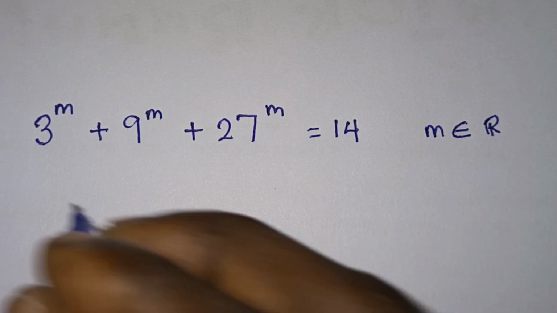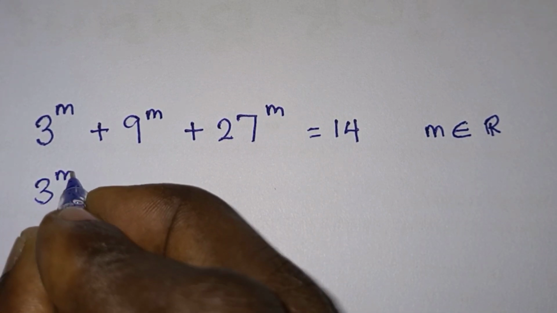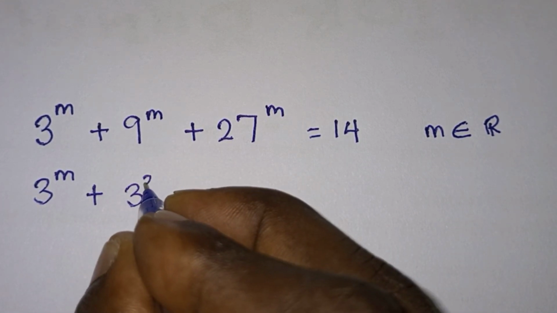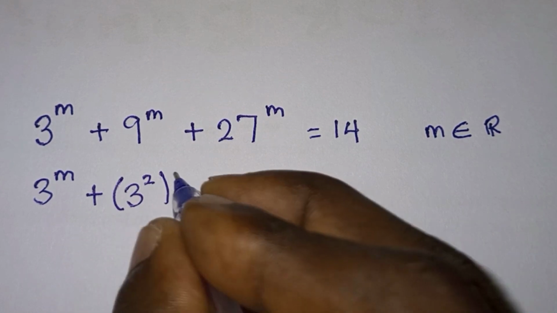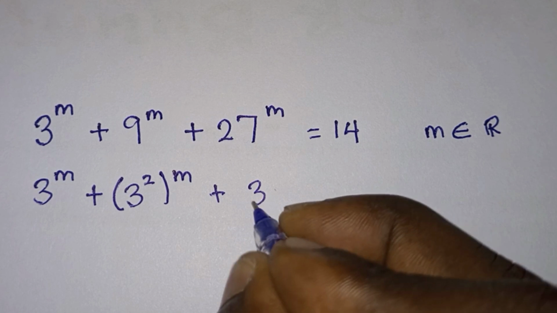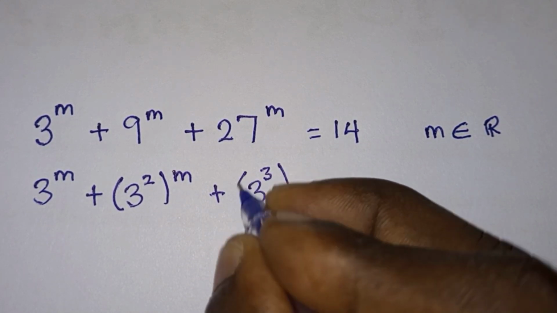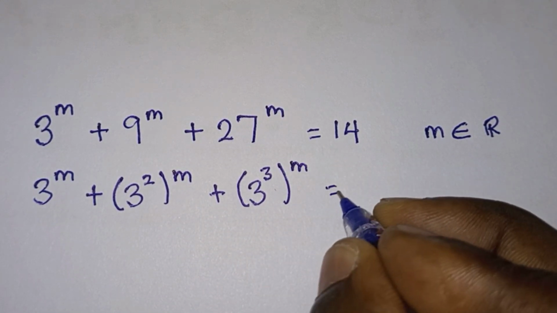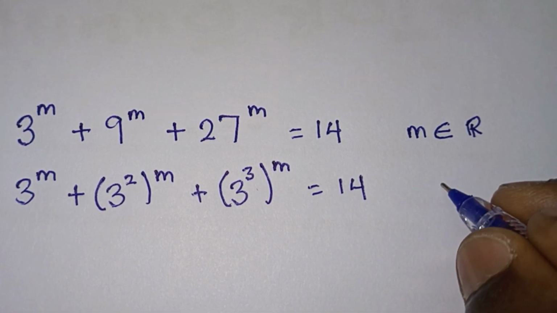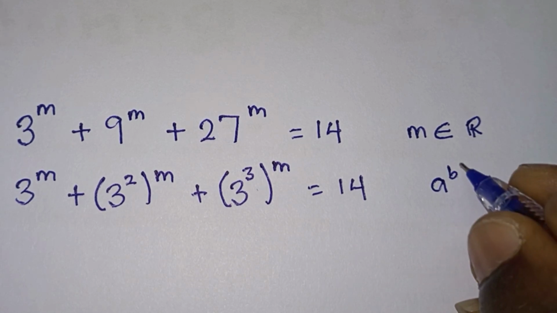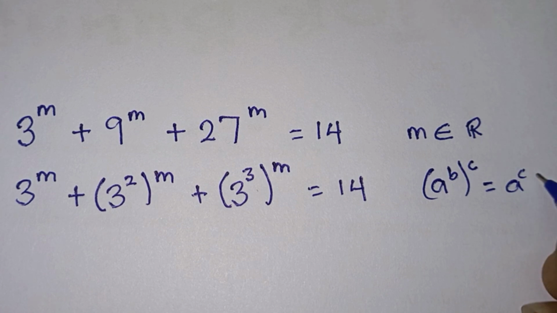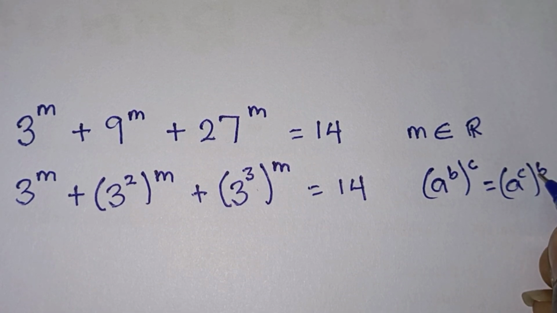Now let's get started. We have 3 to the power m plus, we will write 9 as 3 to the power 2, then all to the power m, plus 27 is also the same as 3 to the third power, then all to the power m, and this is equal to 14. Now let's apply the power rule that a to the power b all to the power c is the same as a to the power c all to the power b.